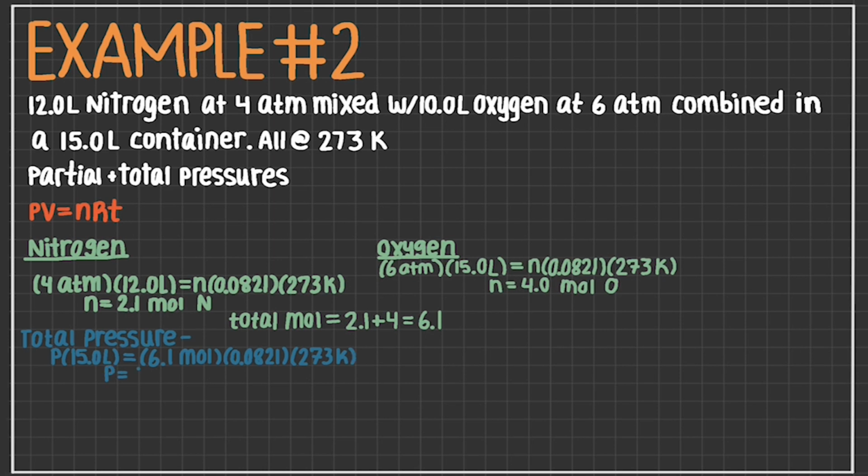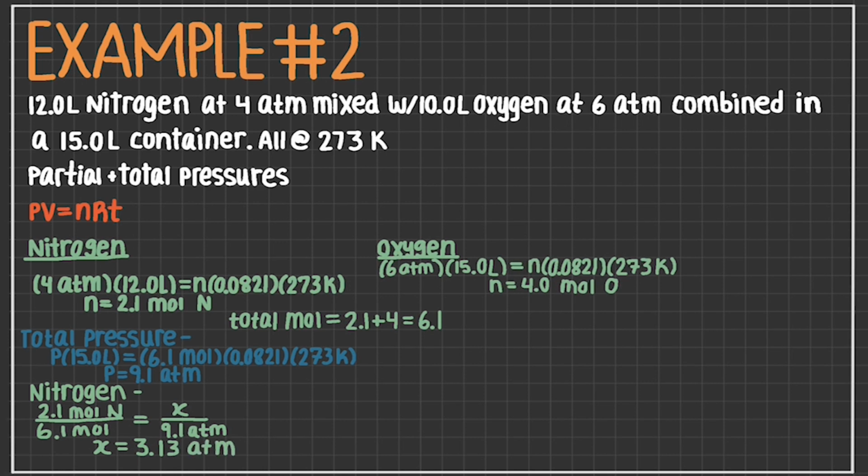That gives us a total pressure of 9.1 atm. Now to find the partial pressure of the nitrogen gas, we say there's 2.1 moles of nitrogen over the total 6.1 moles, and set that equal to x over 9.1 atm, where x is the partial pressure of the nitrogen. So x equals 3.13 atm.